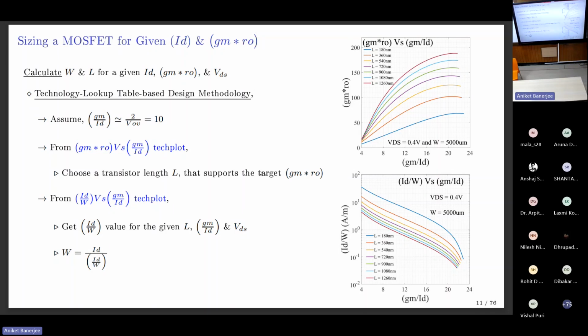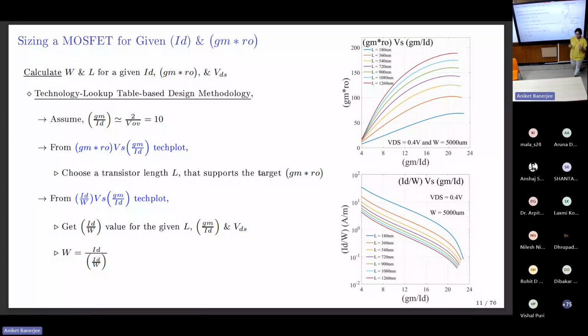Once you have the tech plot, if you know the length, you're done. If you don't know the length, get the length. Once you get the length, come to this plot. This is your substitute for the square law. Instead of the square law, come to ID/W versus gm/ID, and you can get the width as this.